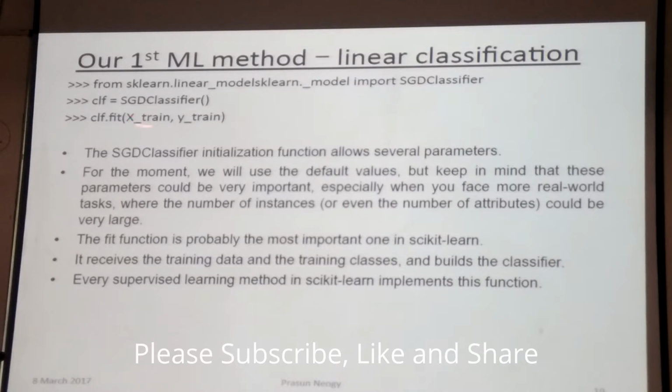Fit X_train and y_train. What is X_train? That part, the two features. What is y? The target variable. So we have only fit this. Now this classifier, in the bracket, I have not given any parameters.